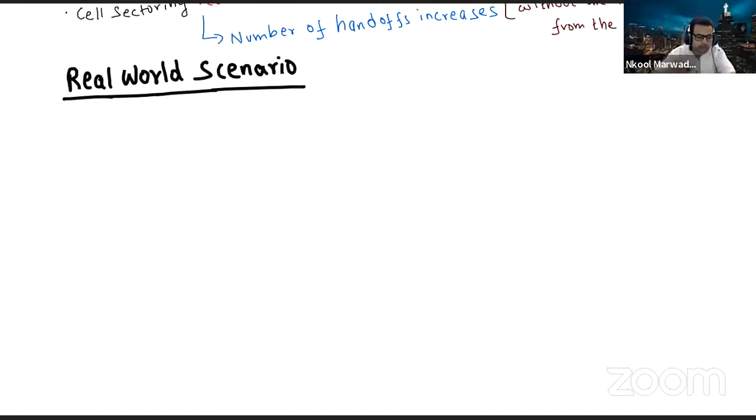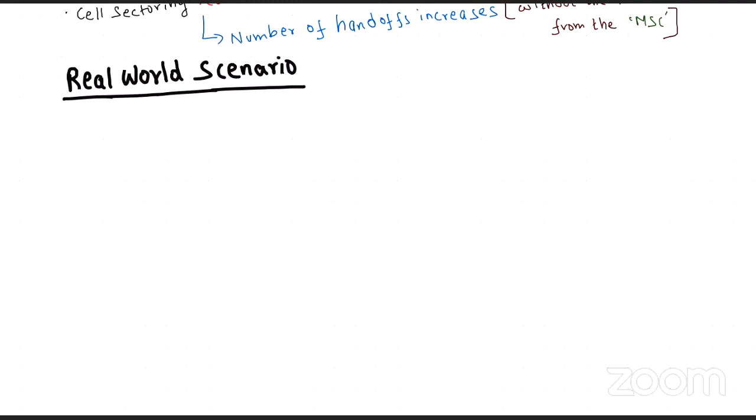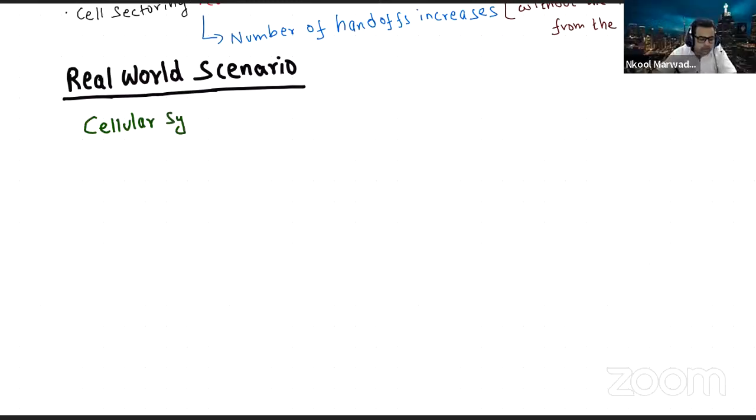So let us look at one real world example. We have a cellular system in which some parameters are defined, like average call duration.